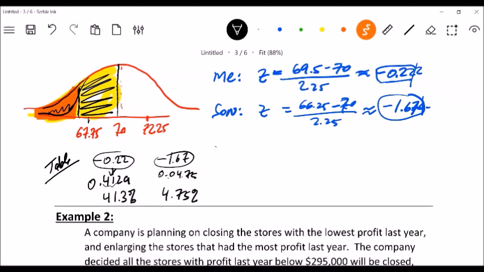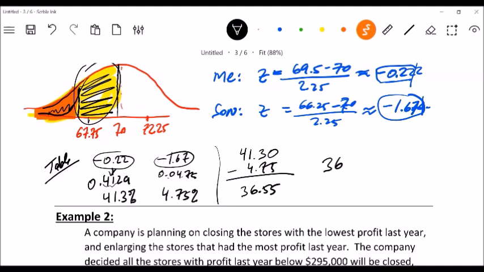So now what we'll do is subtract them with the area that's here. 41.3 subtract 4.75, done. The exact amount here is 36.55. So right about in the middle there.